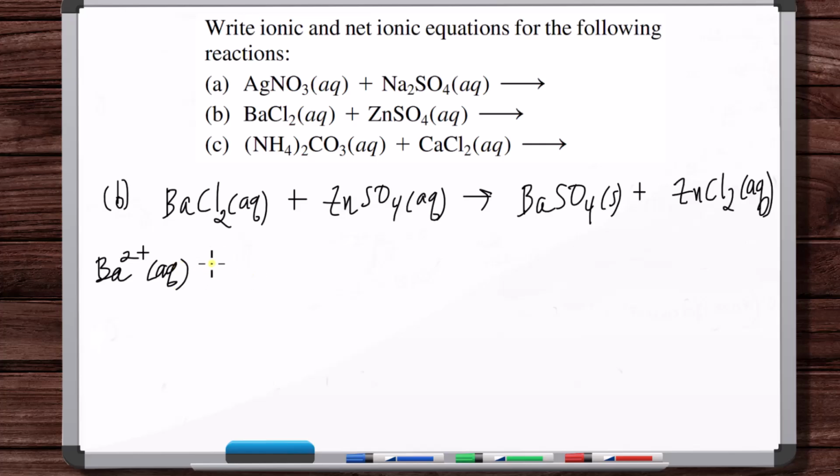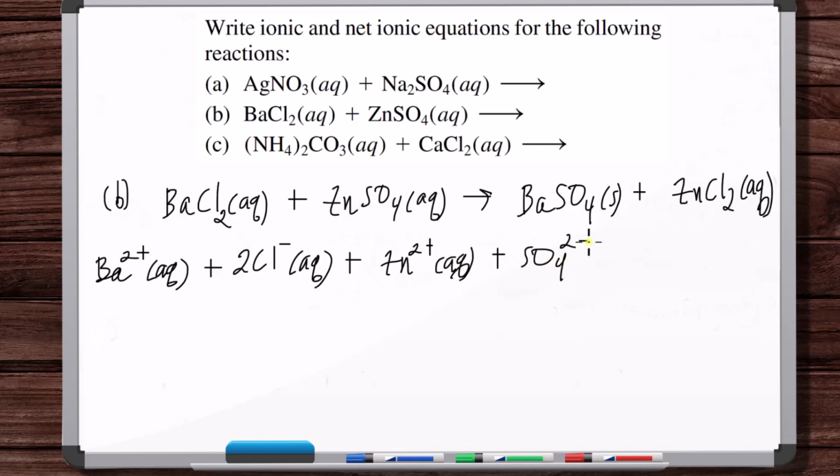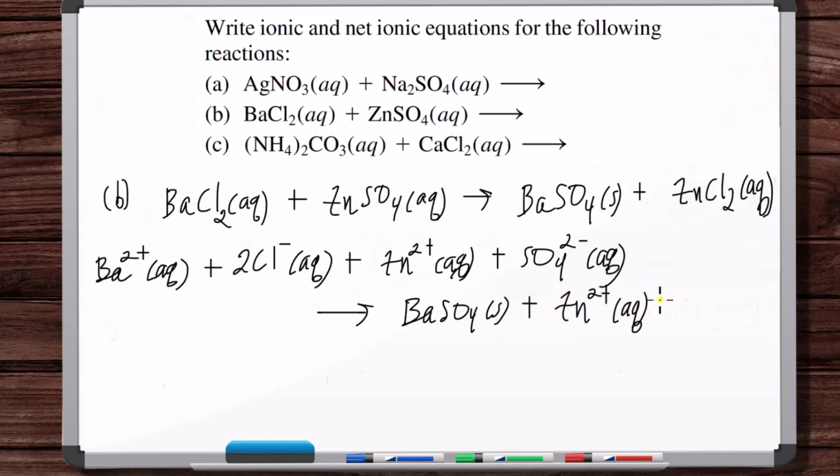Okay, now the ionic equation, let's just break this up into ions. So, okay, now 2 Cl minus plus Zn2 plus, SO4 2 minus. Okay, then we've got BaSO4 solid plus then Zn2 plus, then 2 Cl minus.